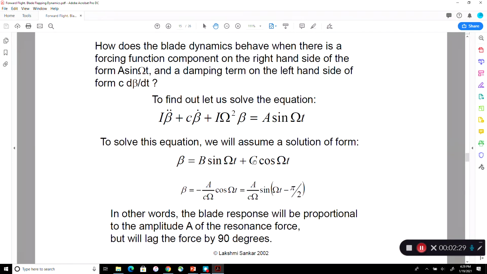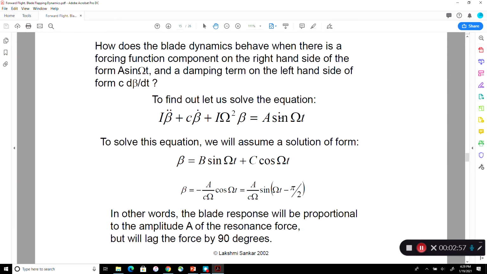Take two derivatives with respect to time, a single derivative with respect to time, and no derivative, just plug this in here. Then you're going to get sine terms and cosine terms. Equate the sine terms to sine terms, there's only one. Equate the cosine term on the left side to the cosine term on the right, there's none. Then you get two equations and you can solve for B and C. This is called the harmonic balance approach.